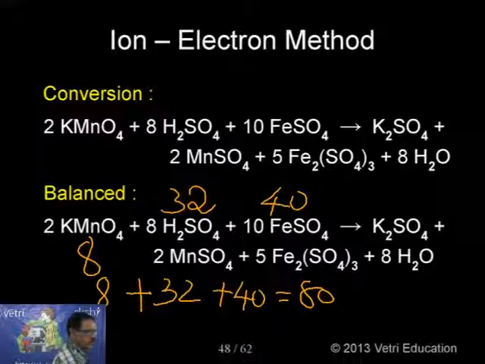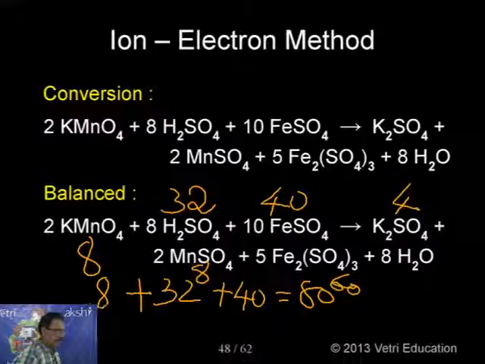Now let me start. This is 4, potassium sulfate 4, and manganese sulfate 2 into 4, 8. Then in ferric sulfate 4 oxygen per SO4, 3 into 4, 12, 5 into 12, 60. Then in water there is 8.